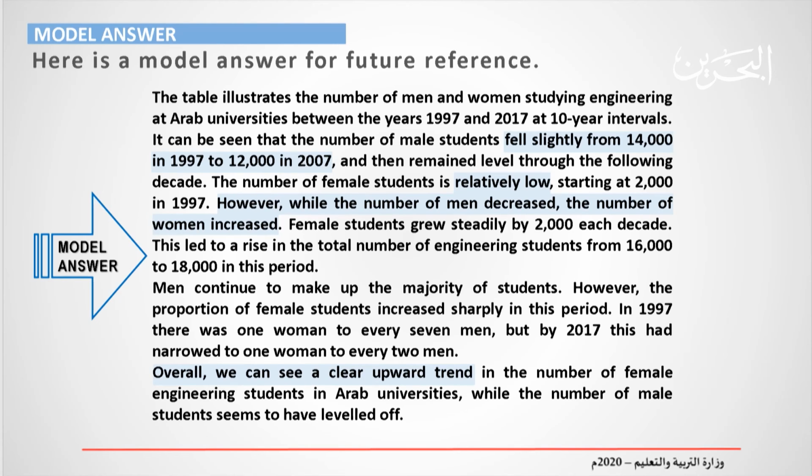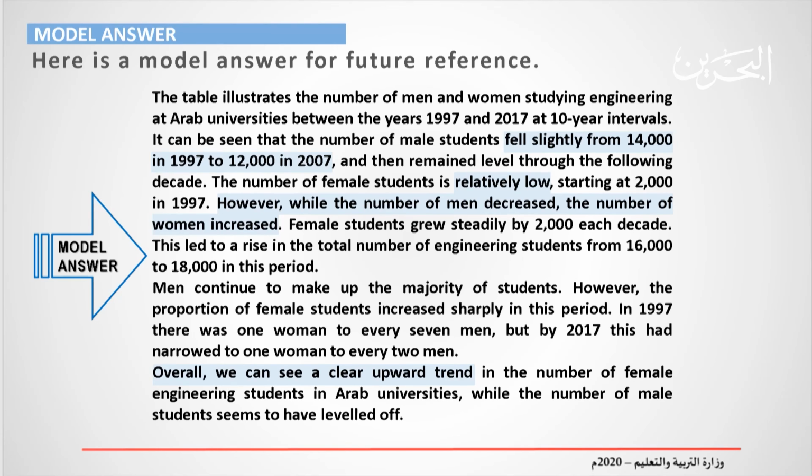The table illustrates the number of men and women studying engineering at Arab universities between the years 1997 and 2017 at 10-year intervals. It can be seen that the number of male students fell slightly from 14,000 in 1997 to 12,000 in 2007, and then remained level through the following decade.